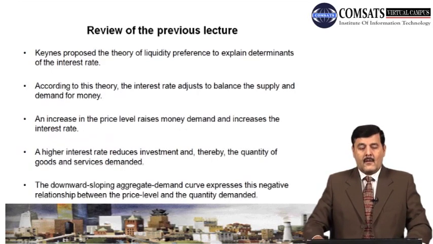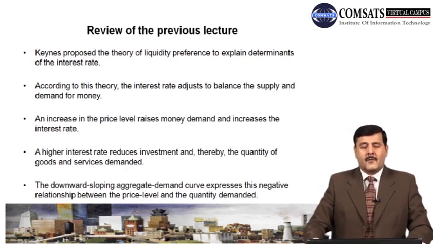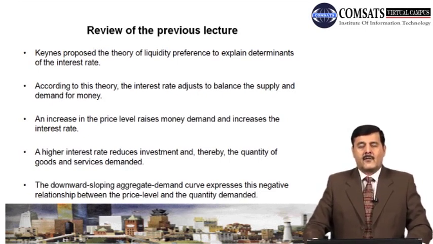Then we learned about the Keynes liquidity preference theory to explain the determinants of the interest rate. According to this theory, the interest rate adjusts to balance money demand and money supply, and an increase in the price level in the economy raises money demand and increases the interest rate.